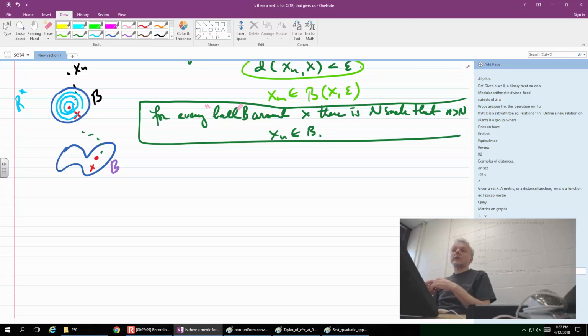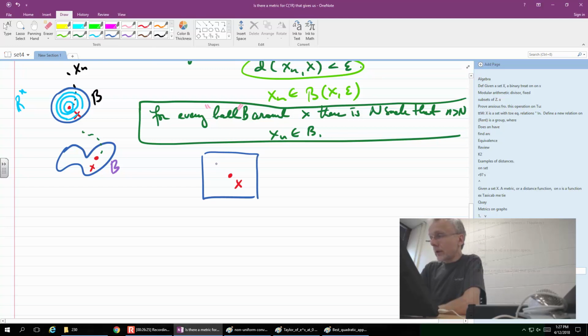But it doesn't really matter what that shape is. Say I have an x here, and what kind of neighborhoods can you hypothetically have? Well, we already know that you can have squares this way, you can have squares the other way. Once again, going with the taxicab metric, this is just as good.